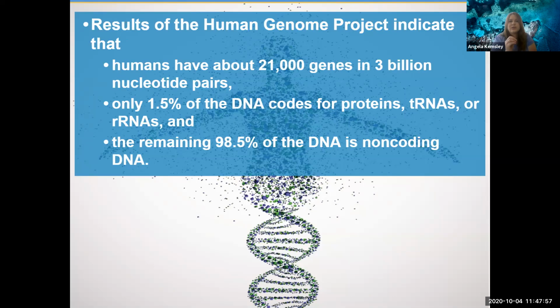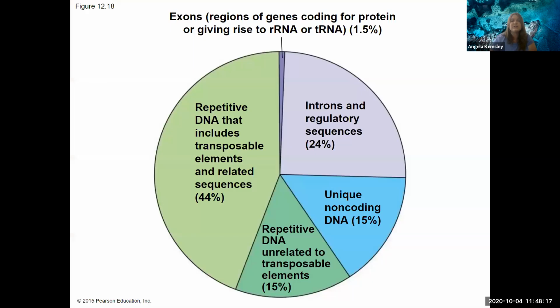The results indicate that humans have about 21,000 genes in 3 billion nucleotide pairs. Only about 1.5% of our DNA codes for proteins, tRNAs, or rRNAs, and the remaining 98.5% of the DNA is non-coding. Doesn't mean it's useless though.